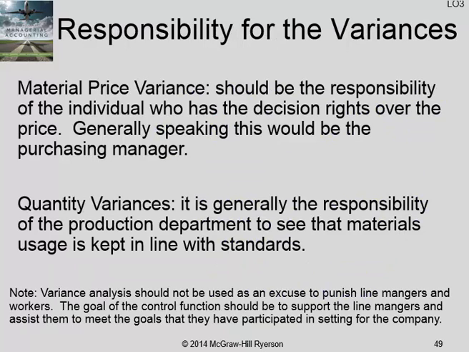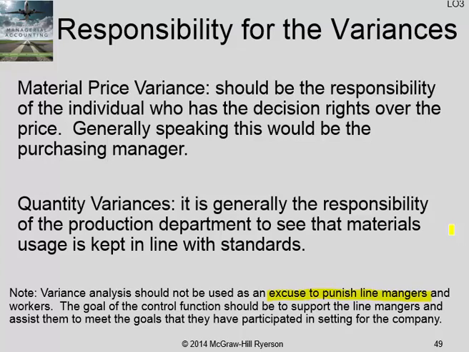Okay, so now, who's responsible for the variances? Well, as we've talked about, first we'll go with the disclaimer at the bottom of the slide here, right? You've got to be a little bit careful not to use the variance as a reason to go out and hang somebody. It should give you a starting point for your investigations, trying to figure out what's going on and why.